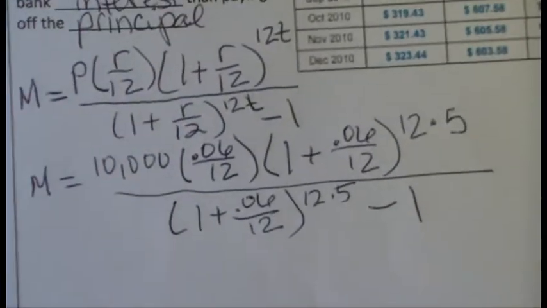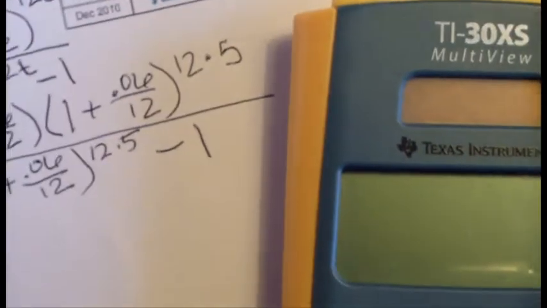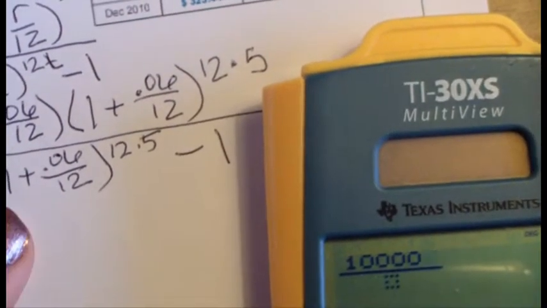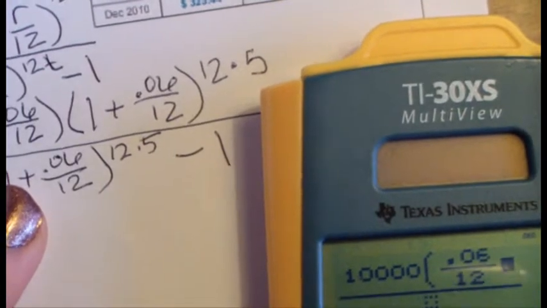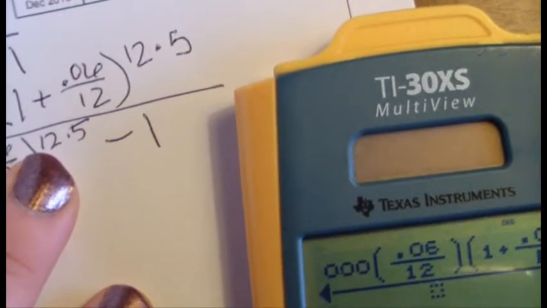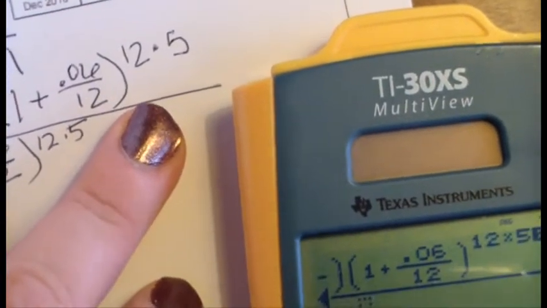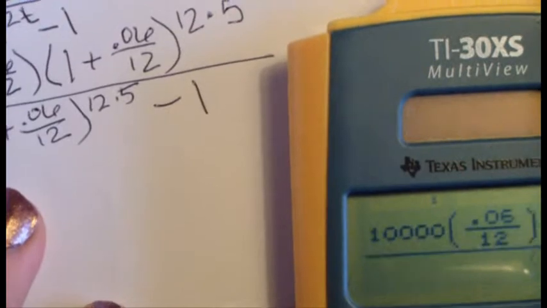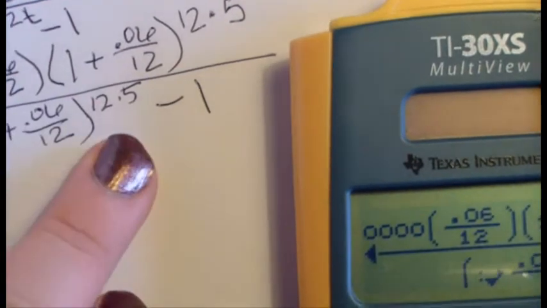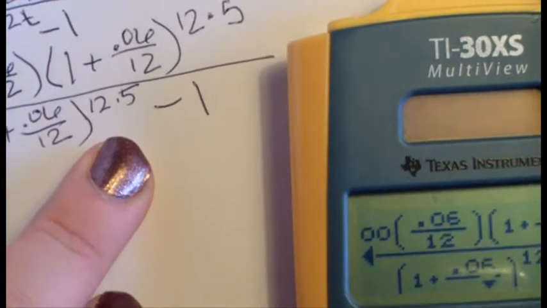So that's what we're going to plug into our handy-dandy calculator and hopefully not mess up while we do it. Let's see what we got. Okay, so we got $10,000, 0.06 over 12, 1 plus 0.06 over 12 to the 12 times 5, divided by 1 plus 0.06 over 12 to the 12 times 5, minus 1.